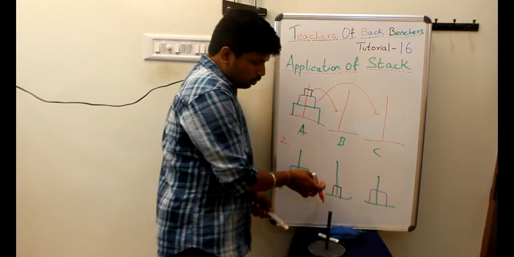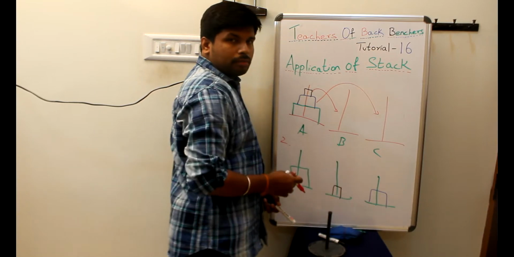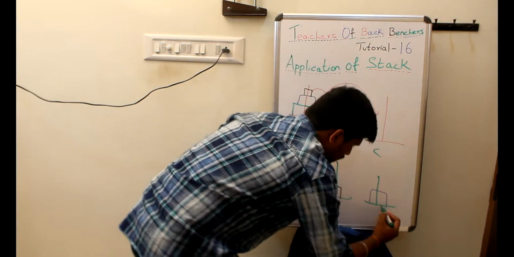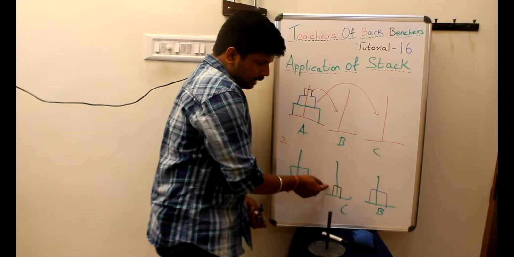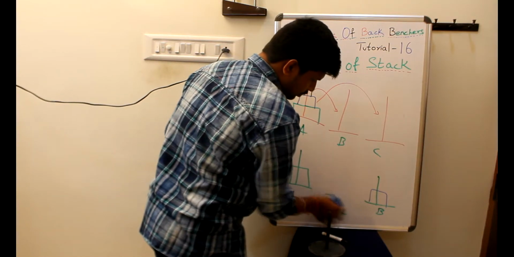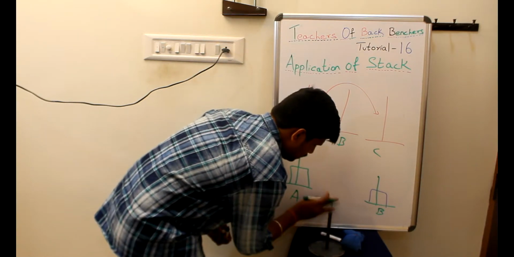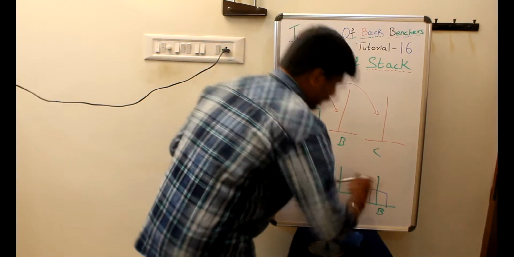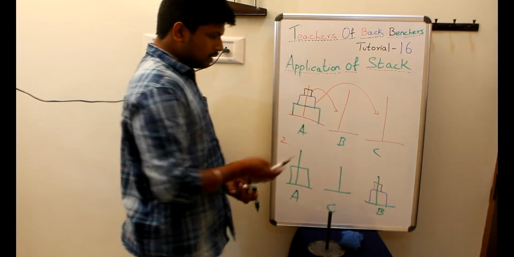Now I'm going to take the small element and place it over B. So let's assume this is B and this is C. I'm going to take the smallest element from C and place it over B. So A stays as it is, C gets empty, and the element goes over like this. So this is the next step.